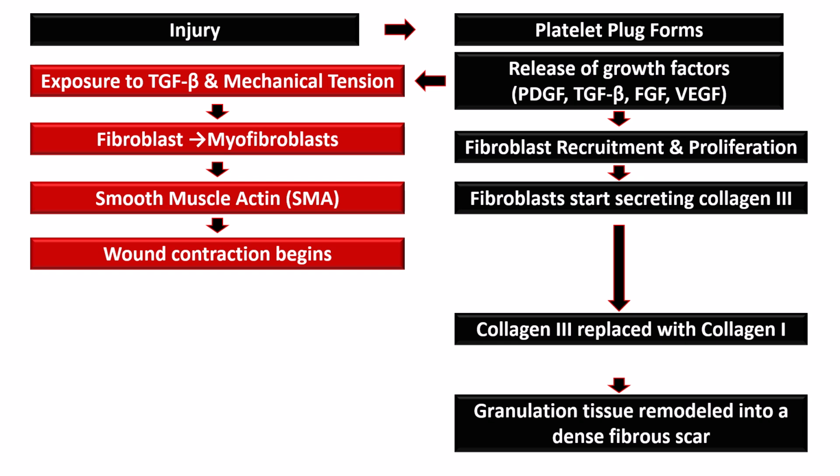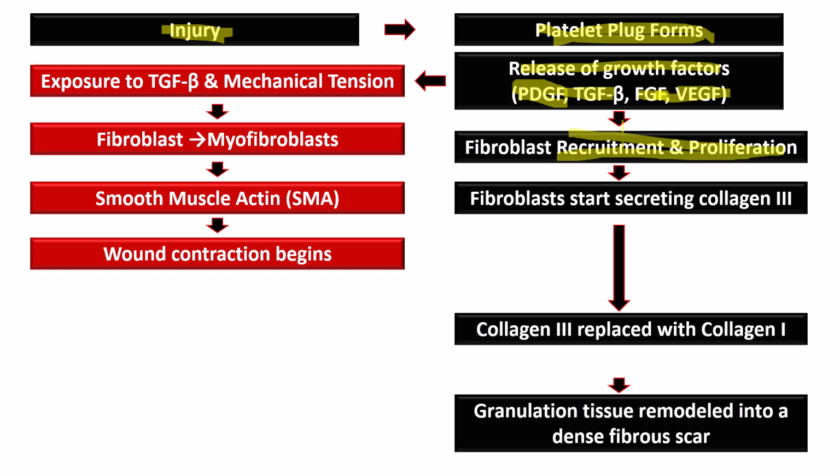So this flow diagram is showing the events that occur during the process of healing. If there is any injury, there will be formation of the platelet plug, and then in this environment there is release of various growth factors. These can be platelet derived growth factor, transforming growth factor beta, fibroblast growth factor, and vascular endothelial growth factor, which will lead to the recruitment of the fibroblast and proliferation.